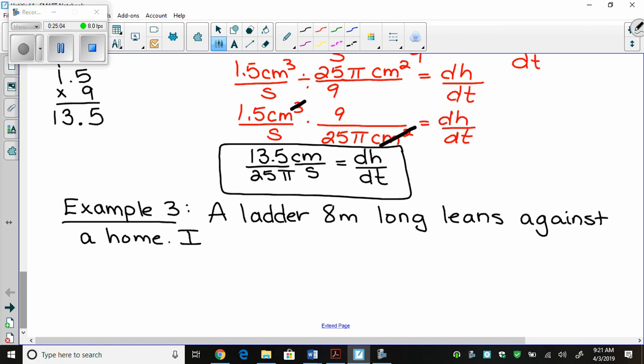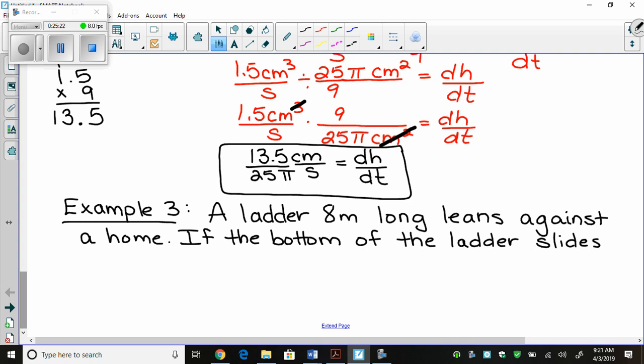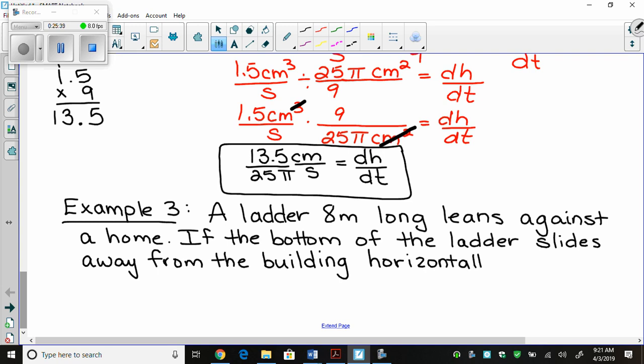If the bottom of the ladder slides away from the building horizontally at a rate of 0.75 meters per second, quickly sliding.